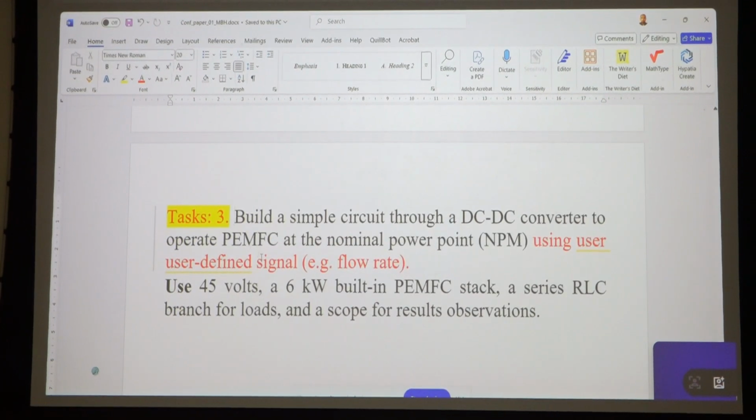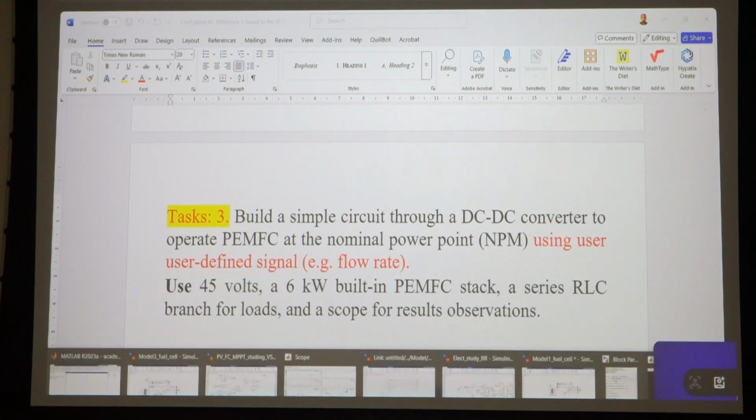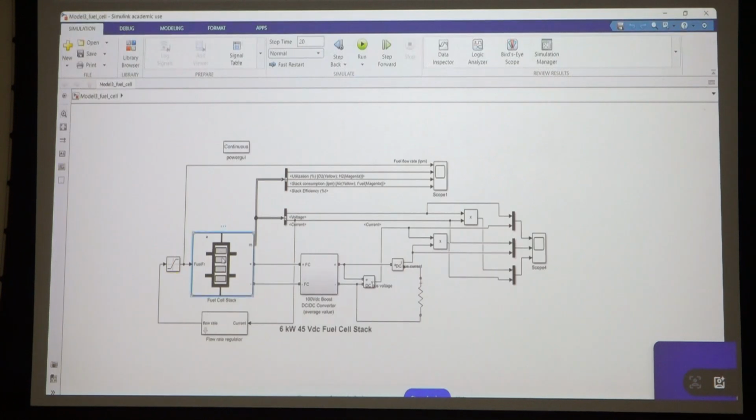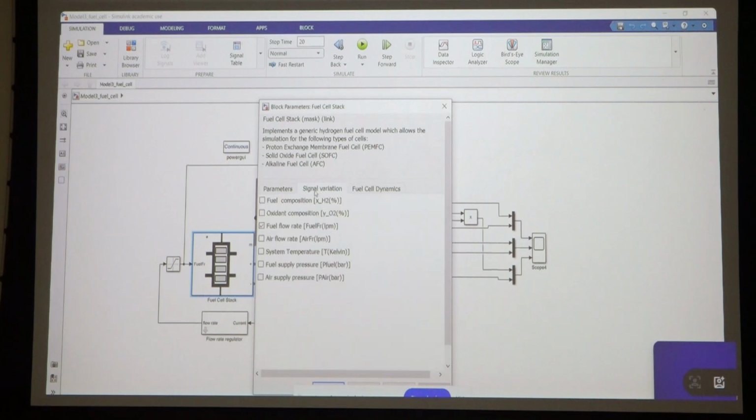Task 3. Here we can show you at the very first time that we can use any user defined functions from here. We can input any input. For example, in this design I input fuel flow rate.